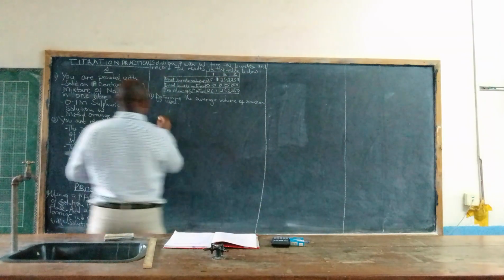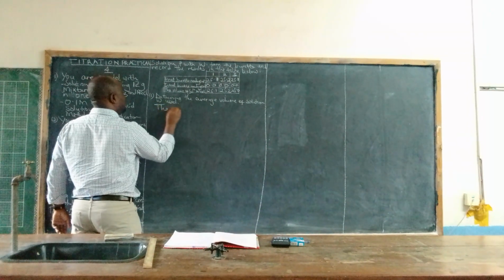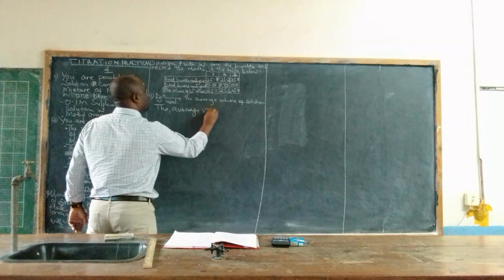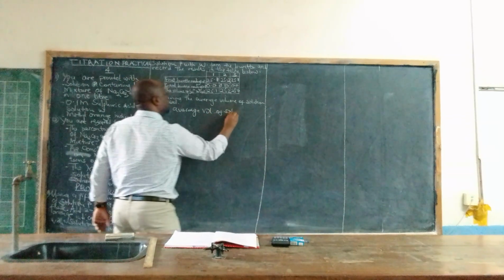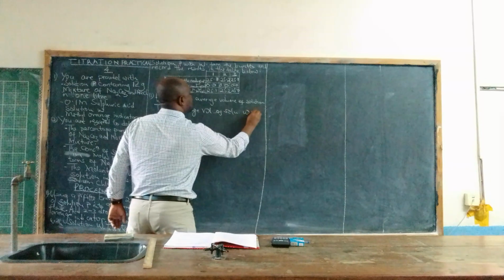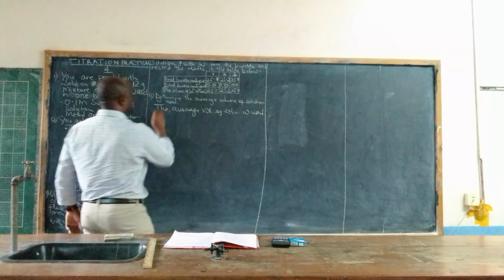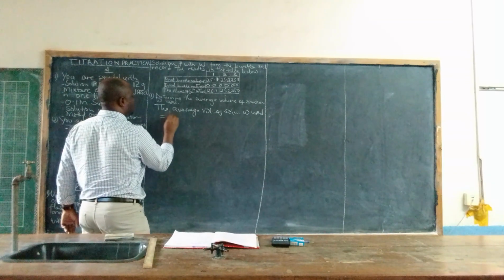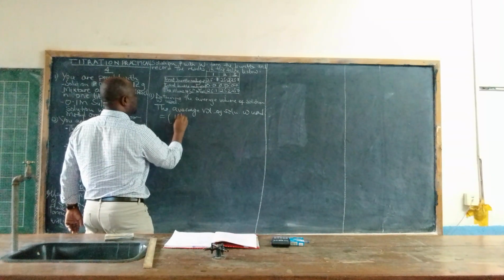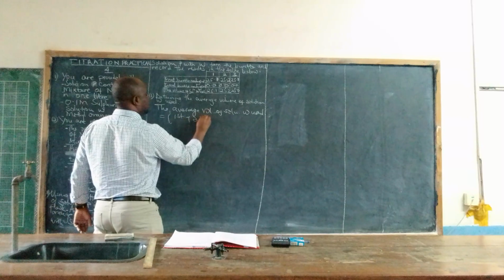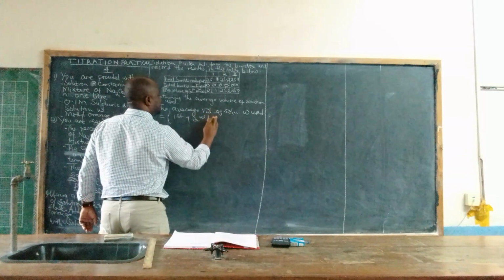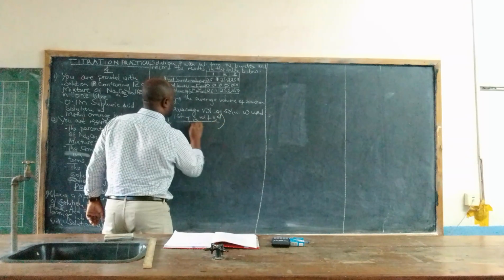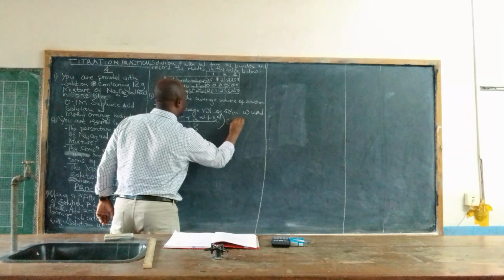The average volume of solution W used, which is sulphuric acid, is going to be equal to the first titer plus the second titer plus the third titer volume. Everything is supposed to be in cubic centimeters.